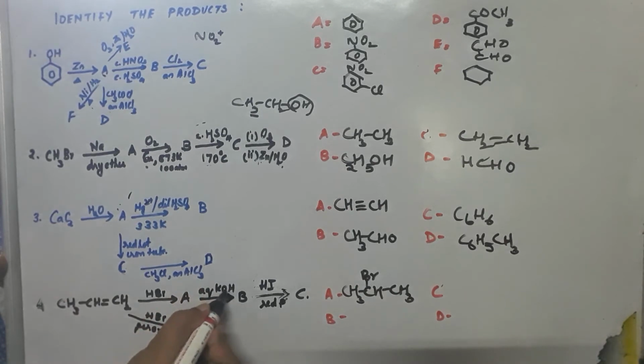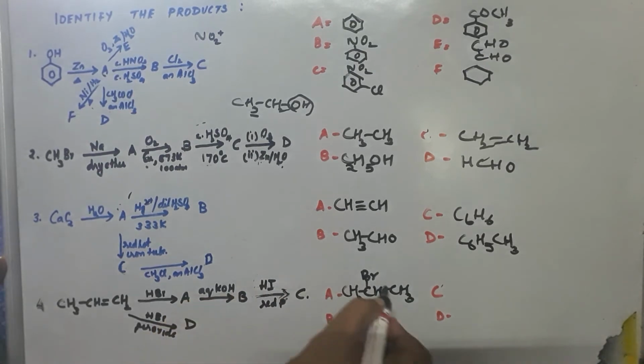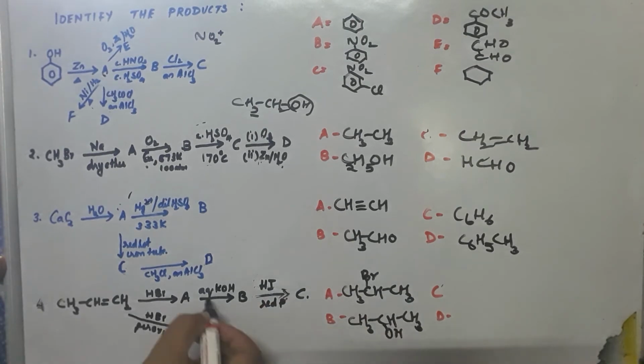So what is the purpose of aqueous KOH? It will be substituting the halogen by OH. So now B is formed as CH3CH(OH)CH3, with OH instead of bromine. So this is the purpose of aqueous KOH: substitution of halogen by OH.